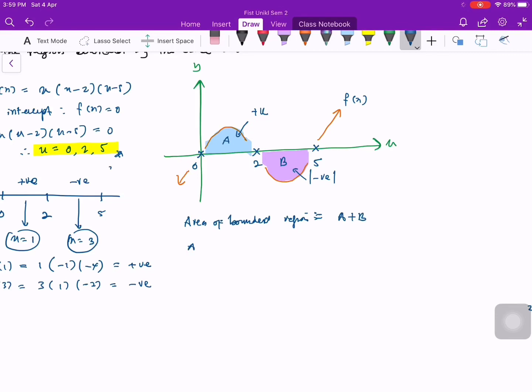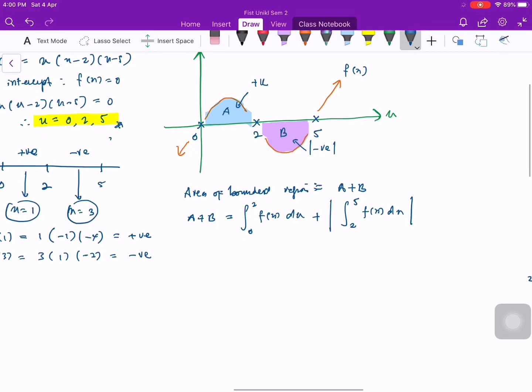Okay, so means that our A plus B will be equals to, okay, integral of from the limits of 0 to 2 fx dx plus with absolute value. So kita akan letak nilai absolute value. So we're going to have integral from 2 to 5 fx dx.